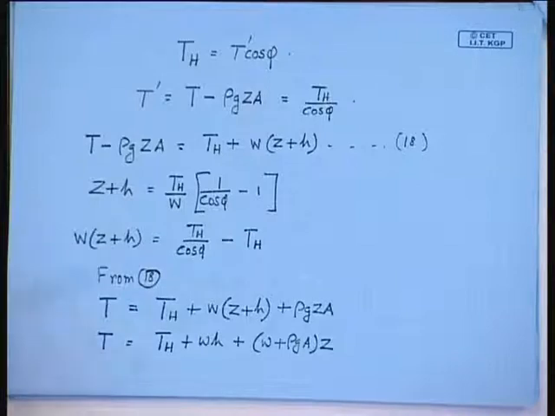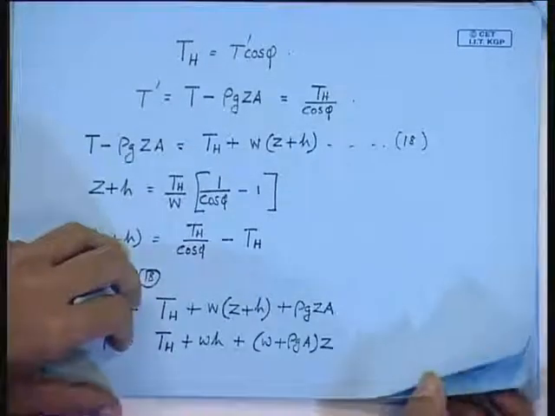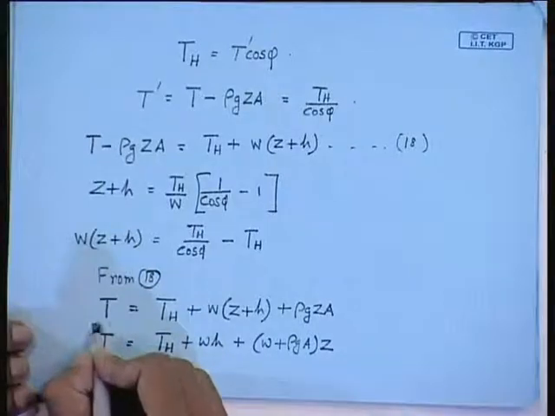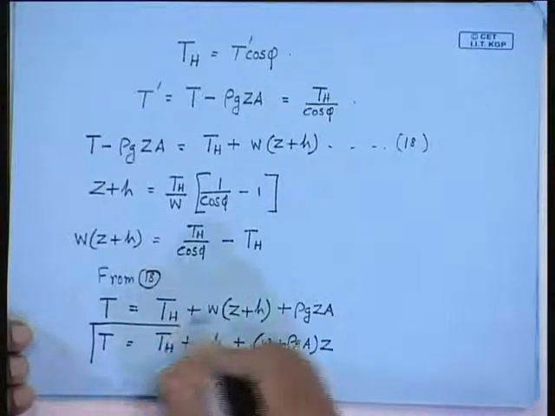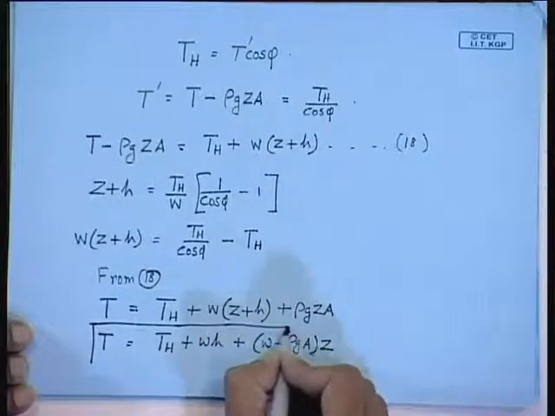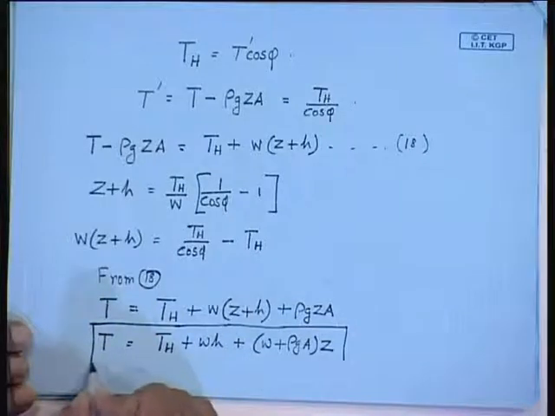What I am talking about is at a particular Z, this is the expression that we are getting. So if you want to calculate the tension T at a particular Z value, that is at a particular depth from the surface, now you can calculate that.